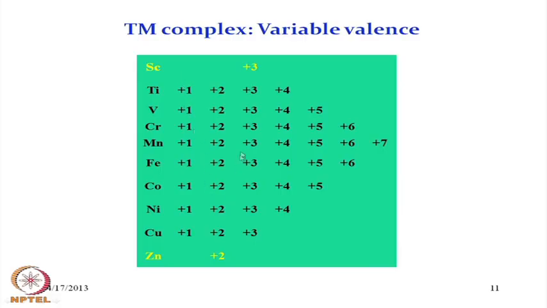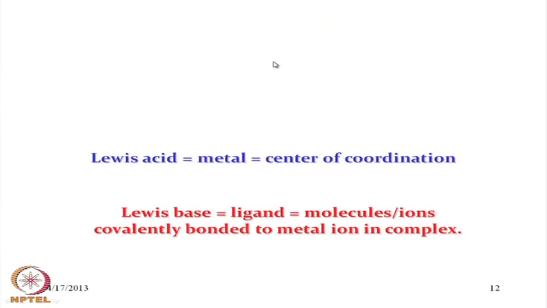So, again it is a very symmetrical arrangement from titanium to manganese at +7 and then again going down to nickel and copper to +3 oxidation state, and these two in yellow color we are excluding from the list of transition metal ions, as +3 in the case of scandium and zinc in +2 oxidation state, where we have also no unpaired electrons. So, in any oxidation state we cannot have a d1 electronic configuration.